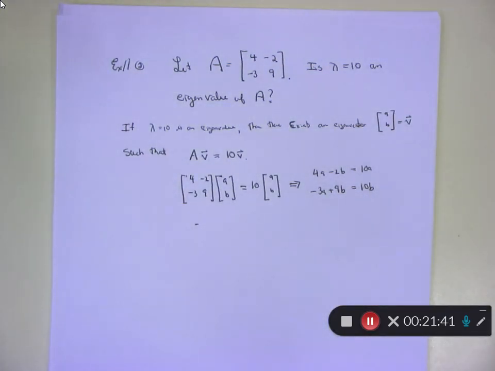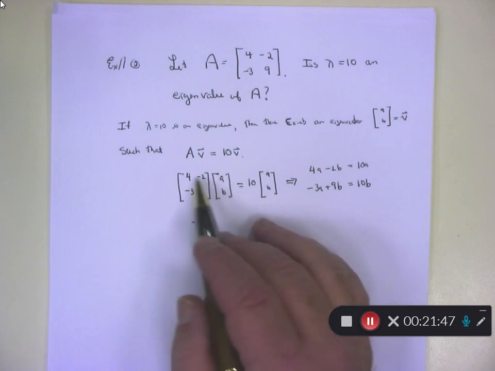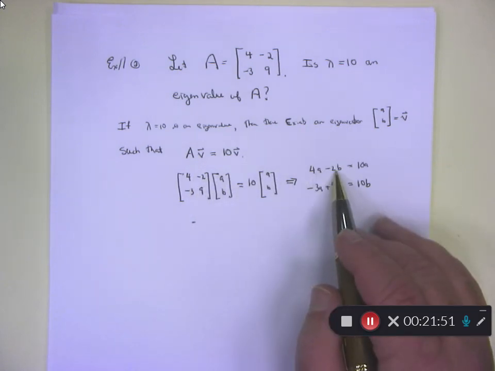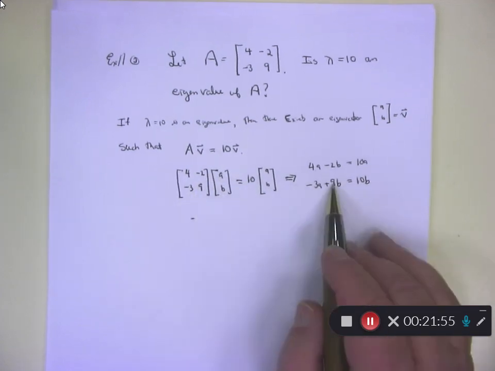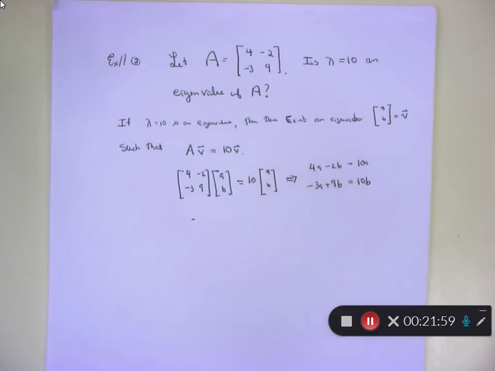What did I do there? Multiplied row by column, but remember it becomes an equation: 4a minus 2b, and then row by column, -3a plus 9b. It's got to be equal to, on the top, 10a, and the bottom, 10b.